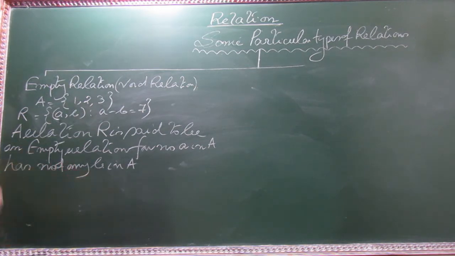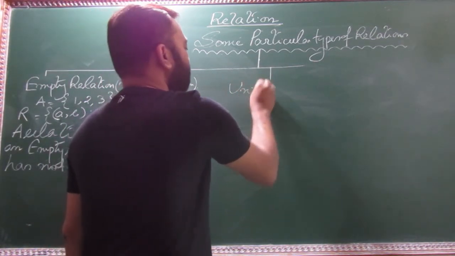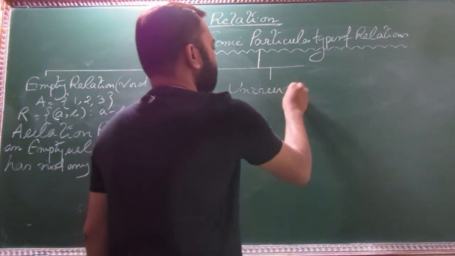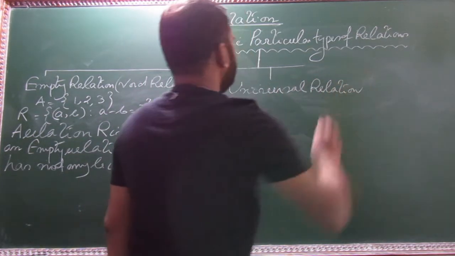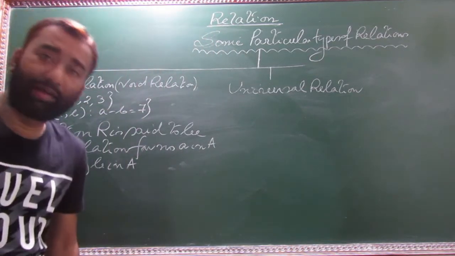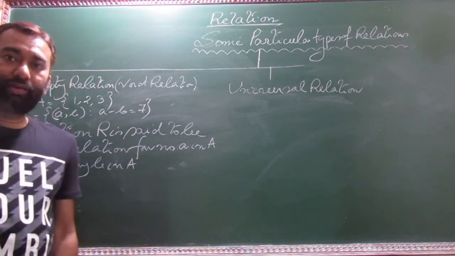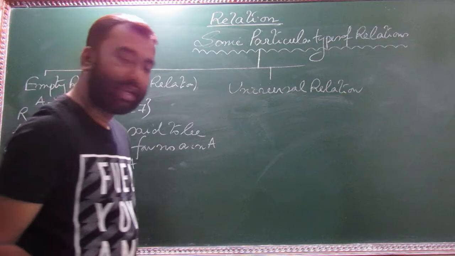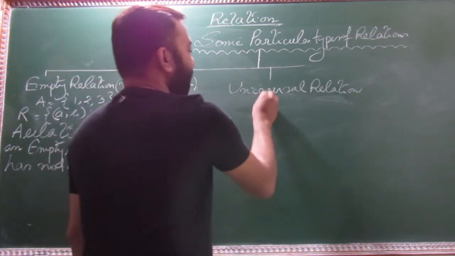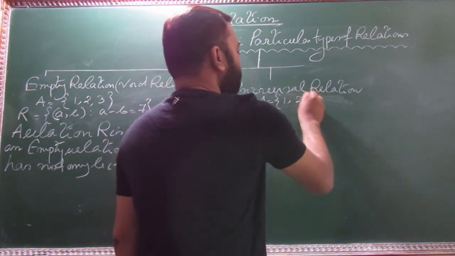Got it? Now the second type of relation is the universal relation. So what is the universal relation? Again I am going to consider one example. To tell you about the universal relation, I am going to consider a set A. A is {1, 2}.